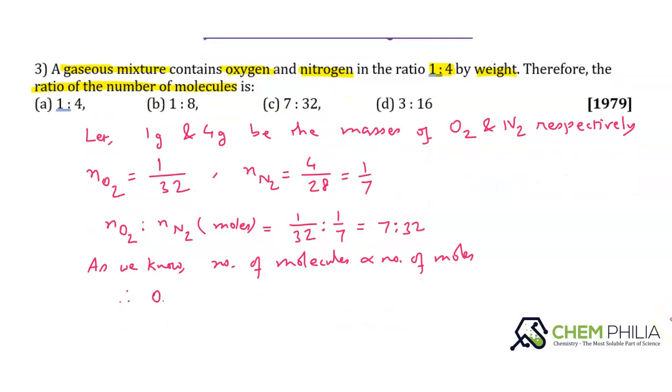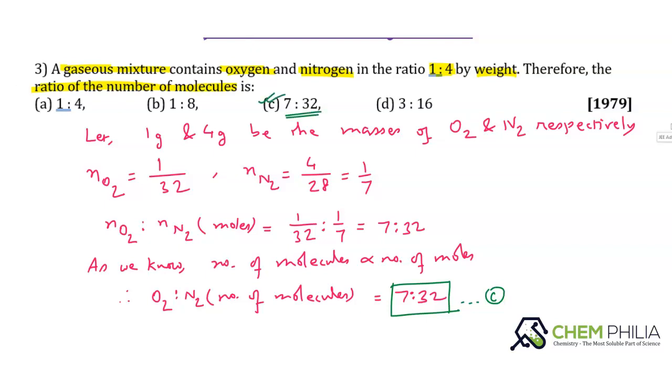Therefore, oxygen is to nitrogen, we are getting the ratio of number of molecules. So the ratio of number of molecules will also be 7 is to 32. So this is the answer to this question. Option C is the answer. Clear?